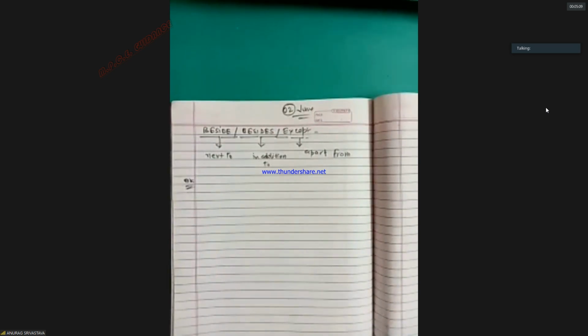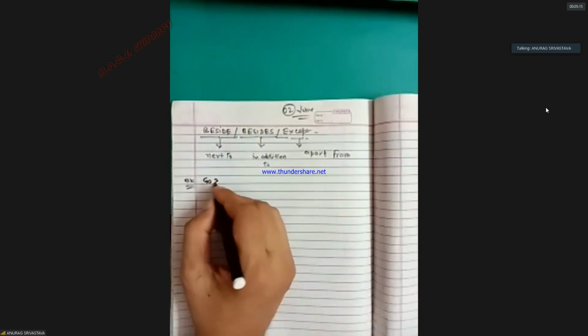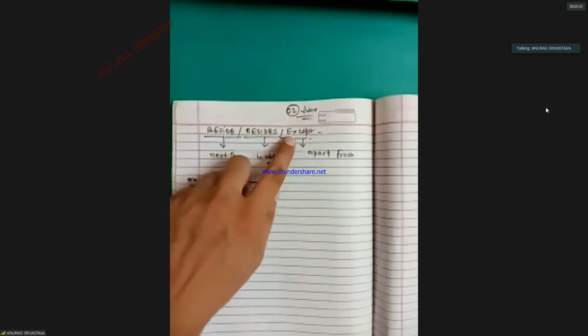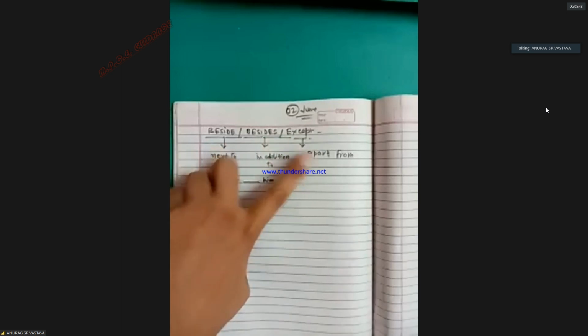First is, the sentence says: go and sit filler him. So out of these three, which preposition will be placed here? First is beside, which means next to; second is besides, which means in addition to; and the third one is except, which means apart from.